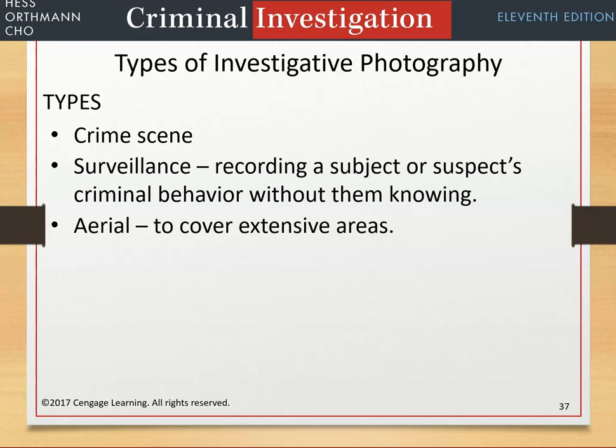And this is where you record a suspect or a subject's criminal behavior or their actions without them knowing it. And part of the issue with that is learning how to do surveillance, but also being able to conceal a camera, especially if that surveillance is close, or even if you're working in an undercover assignment.